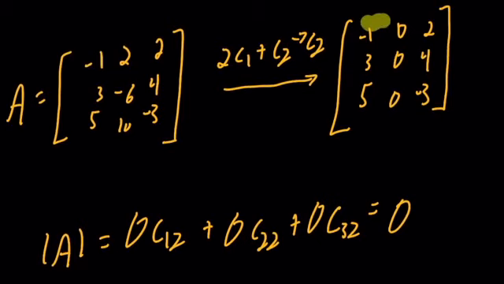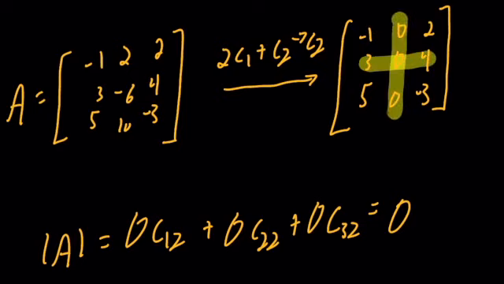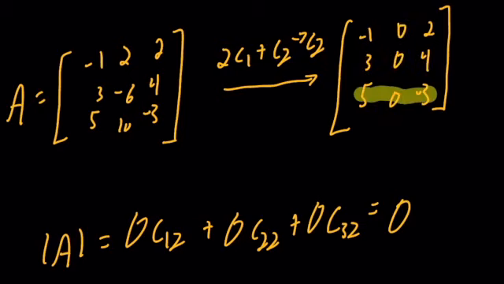By grabbing the first 0, that's C1,2, row 1, column 2, it's 0 times the 2 by 2 matrix of the entries not highlighted, and you do the same thing at row 2, column 2. We grab 0 multiplied by the remaining entries not highlighted, and you do the same thing at row 3, column 2. And it turns out 0 times anything is 0, and therefore the determinant of this matrix is 0.